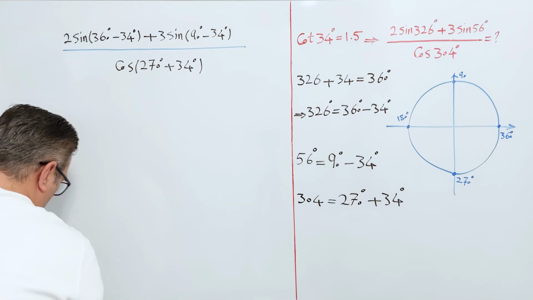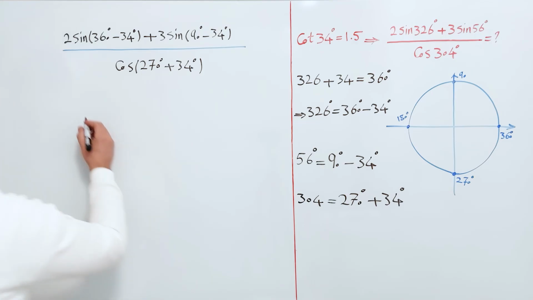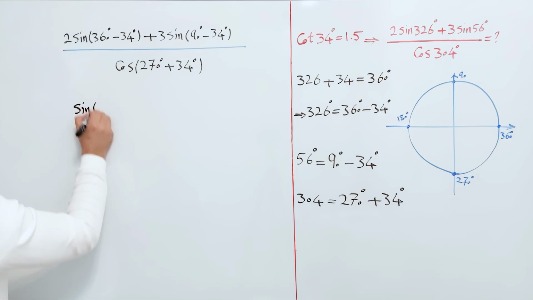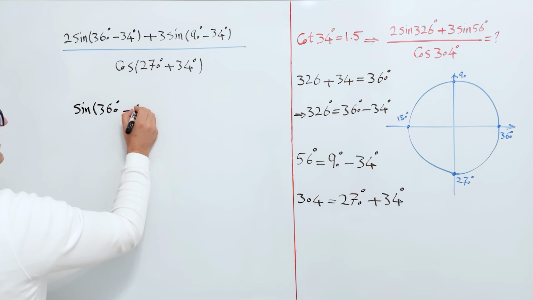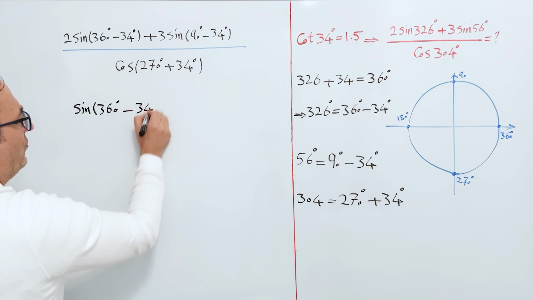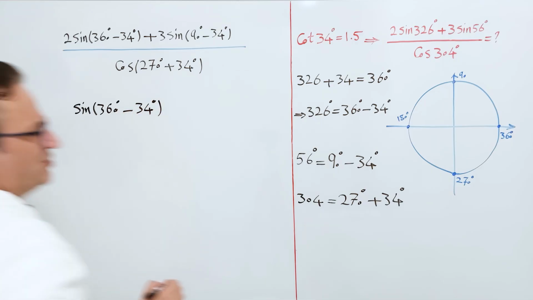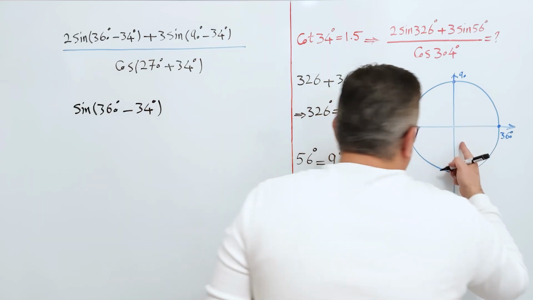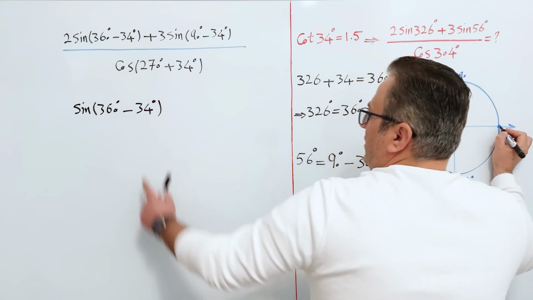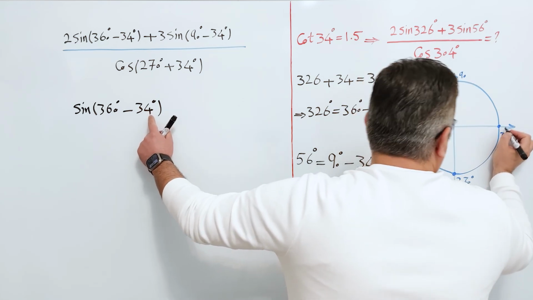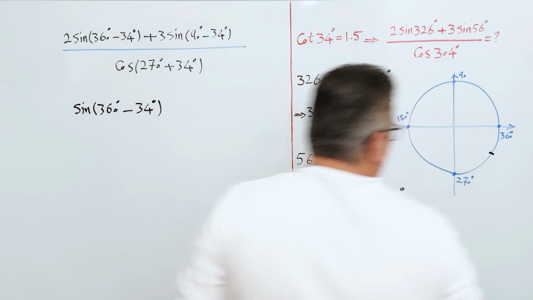Okay, so we know that sine of 360 degrees minus 34 degrees. So look at this unit circle. 360 degrees is here, minus 34 is here.